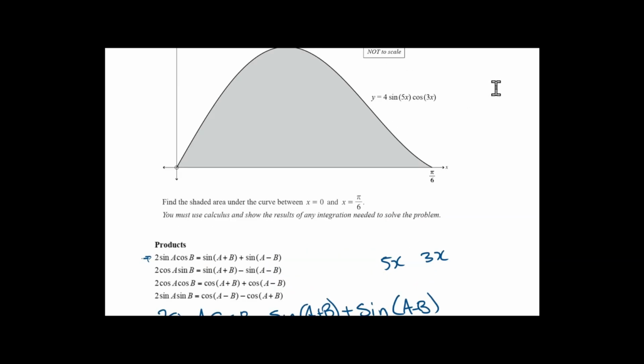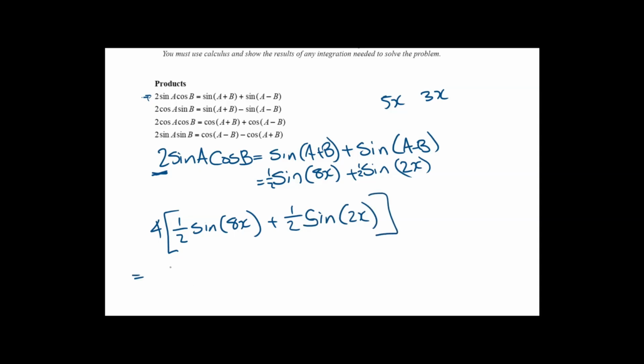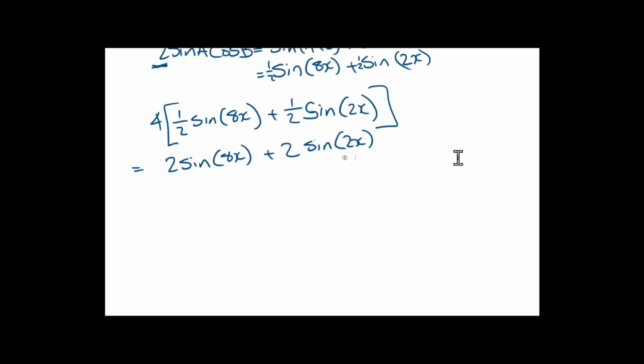So if I was to rewrite this, I'm going to write 4 times half sine of 8x plus half sine of 2x, which is going to be 2 sine of 8x plus 2 sine of 2x. So that's in a really nice form that we can now integrate.